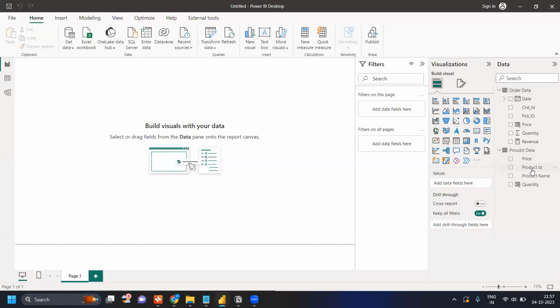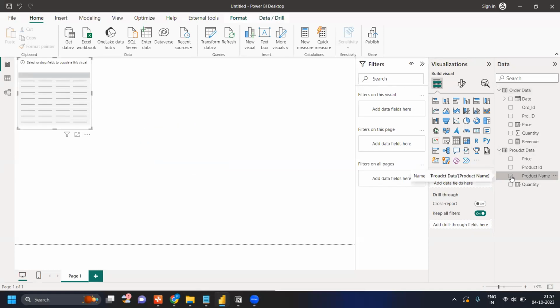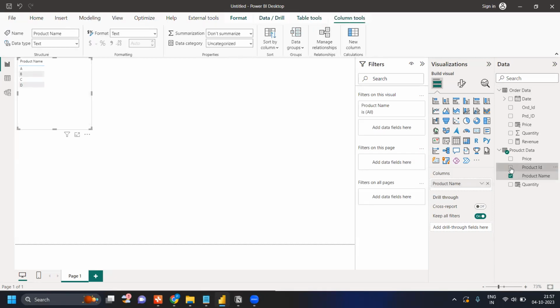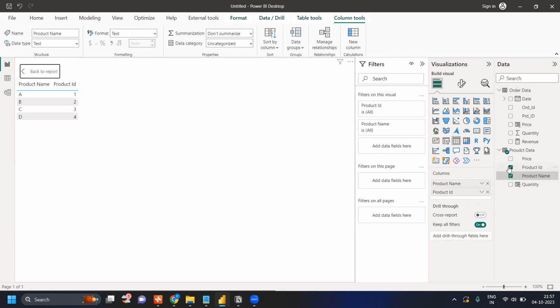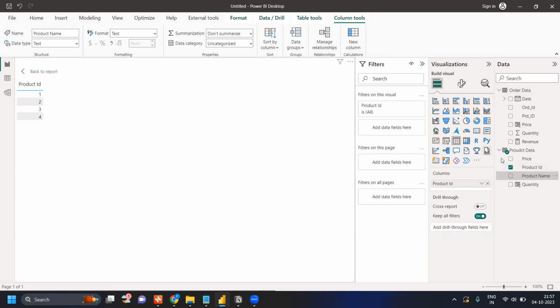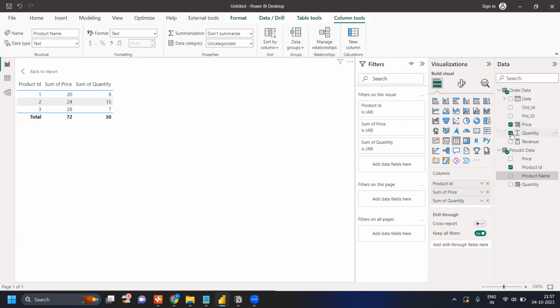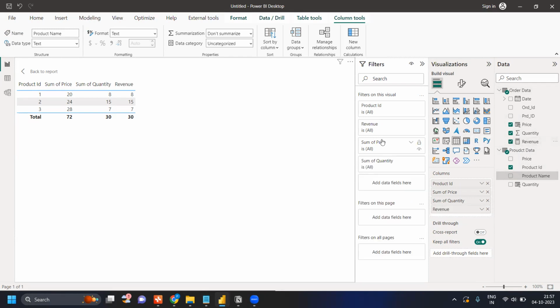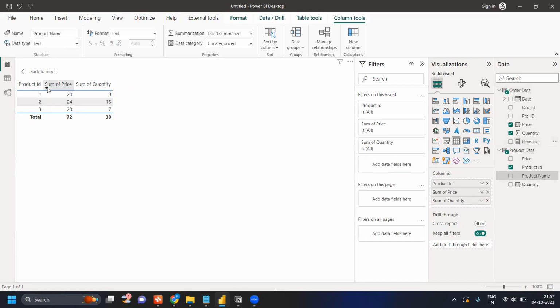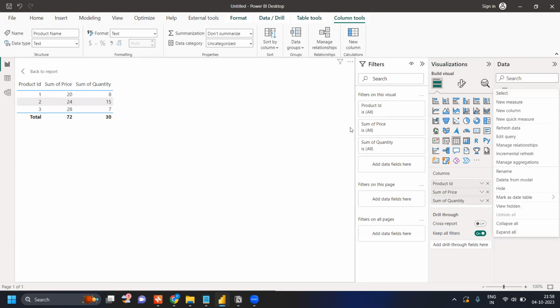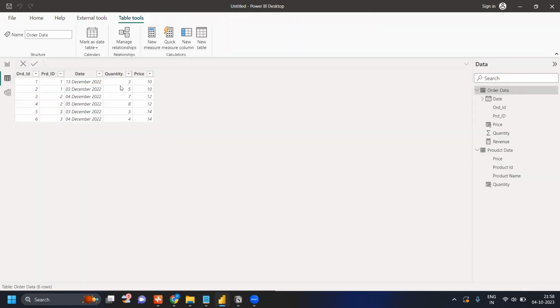So let me create that. I'm dragging the product into a table. So product ID, and I'm getting the Price1 and also the quantity. Now I'm trying to create the revenue. How to create the revenue? The multiplication of price into quantity.